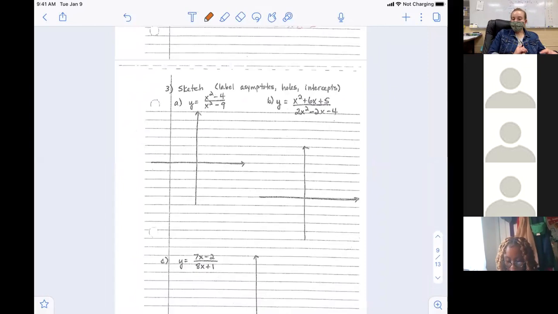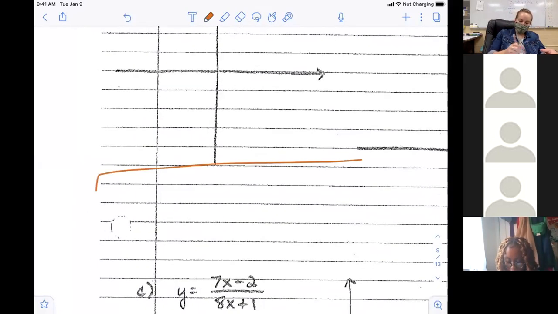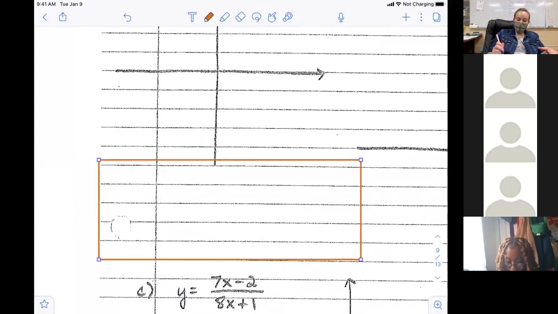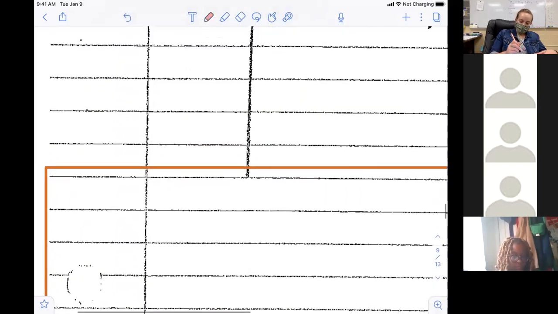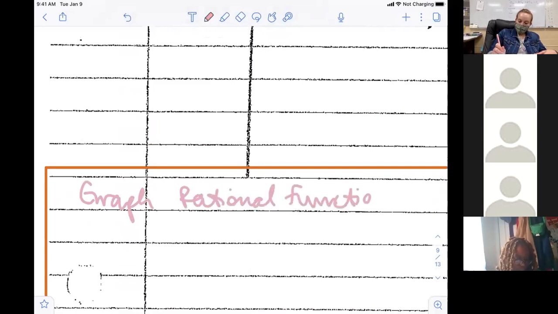What I want to do first is remind us how to find these things. So I'm actually going to use this blank space right here and go over the 4 things we need. In order to graph a rational function, we need asymptotes.